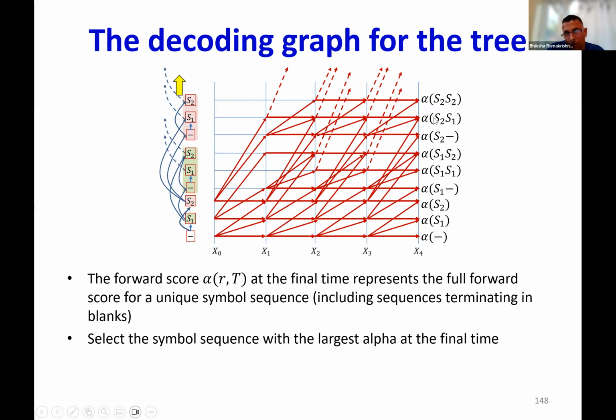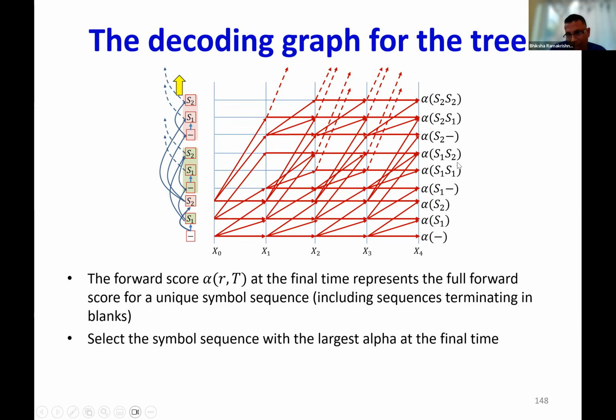And so if I compute the alpha at this node, that's going to give me the alpha for S2, S1. The alpha here is going to give me the alpha for S2, S2. And so if I could just compute the alphas for all the nodes in the column over here, and I pick the most likely alpha, I'm naturally going to pick the symbol sequence which was most probable.